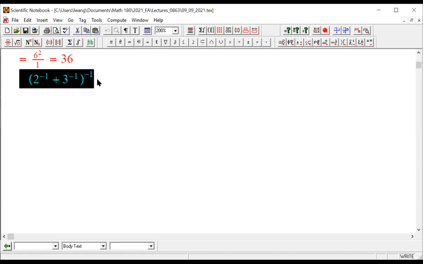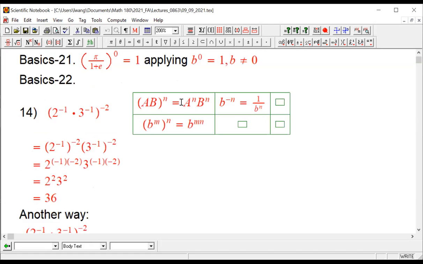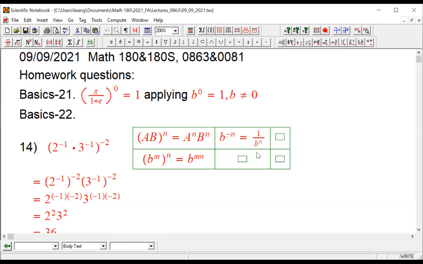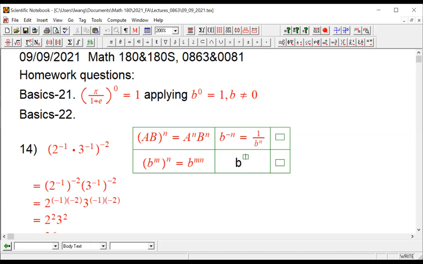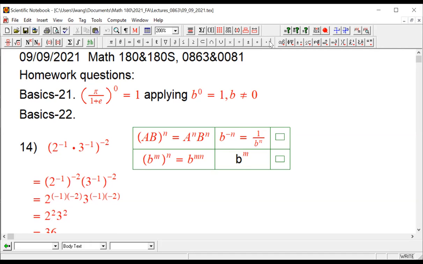Yeah. Okay. To the power of -1. In this case, we cannot apply the negative exponent to the inside. We cannot. You follow me? Yeah. Because all the properties we learn are about multiplication and division. For example, b to the power of m multiplied by b to the power of n.